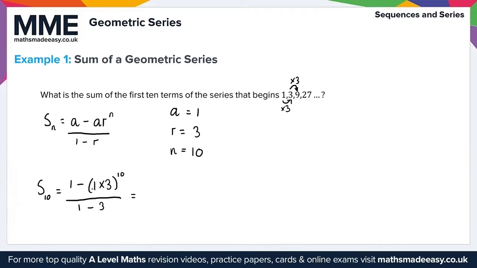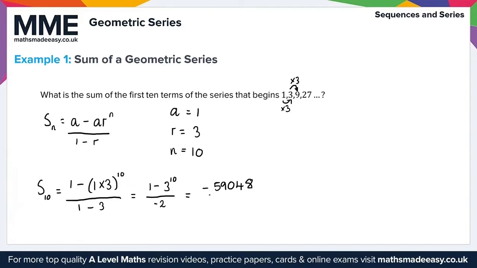So here, 1 minus 1 times 3 to the power of 10 is simply going to be 1 minus 3 to the power of 10. And it's also divided by 1 minus 3. Well, 1 minus 3 is simply minus 2. 3 to the 10, if we work that out here, and then do 1 minus that evaluation, that's going to give us minus 59,048.